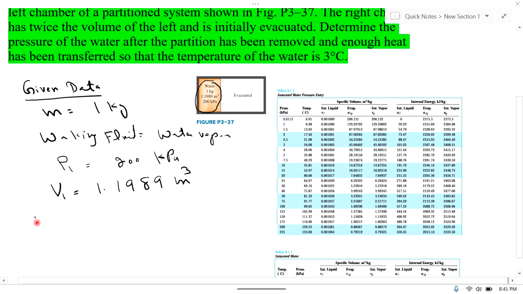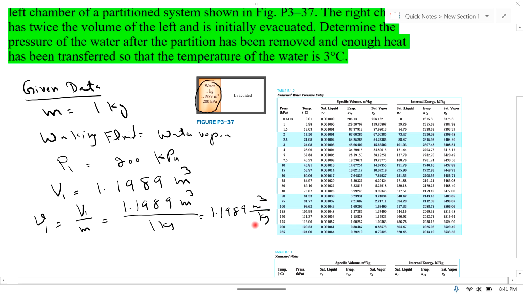If we want to find specific volume, mass is 1 kg, so total volume is equal to specific volume. Specific volume is equal to total volume divided by mass. Total volume is 1.1989 meter cube and mass is 1 kg. So total volume and specific volume are equal, meter cube per kg.